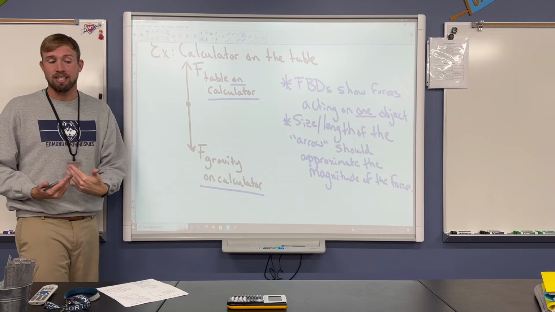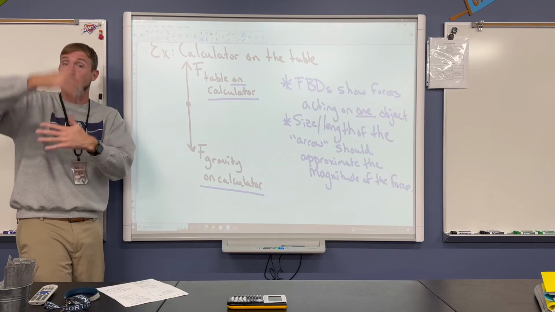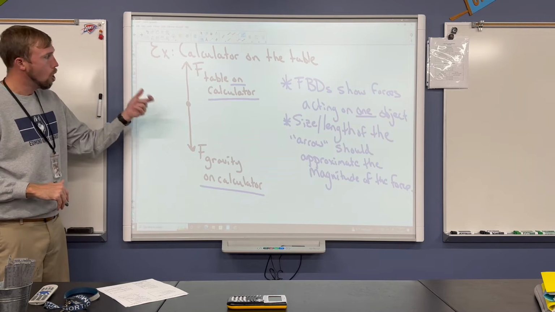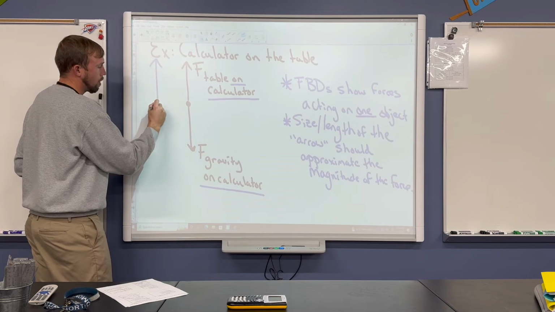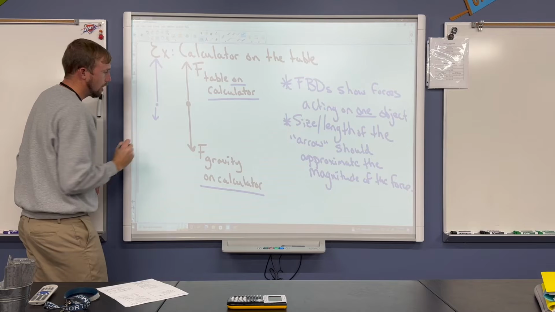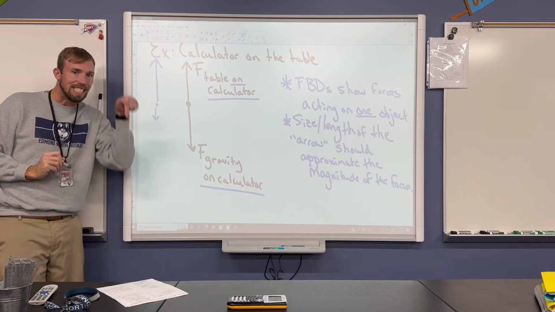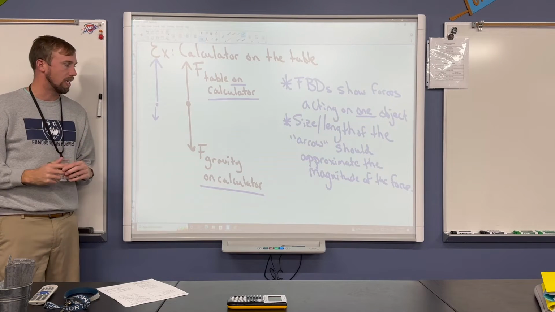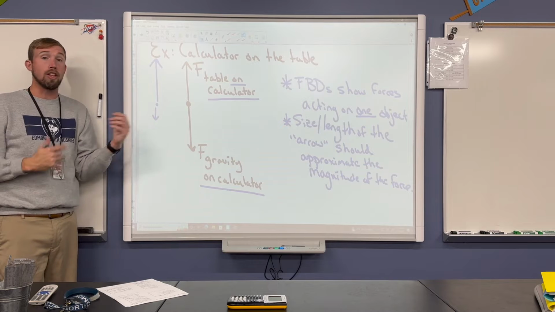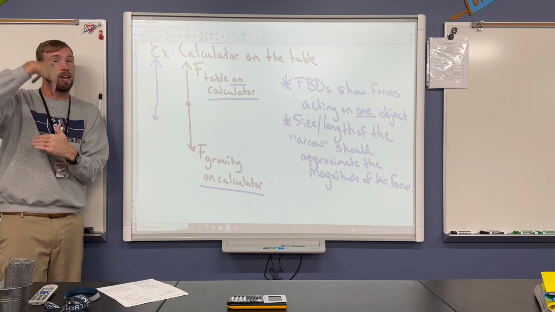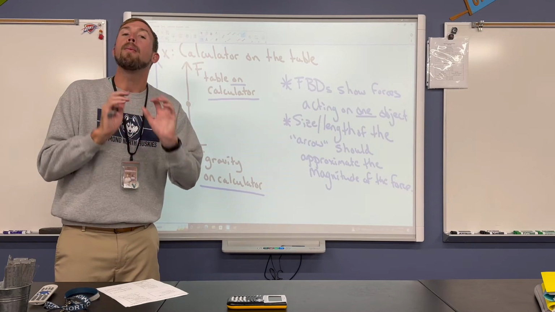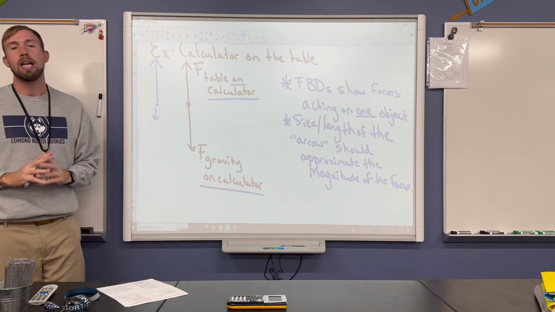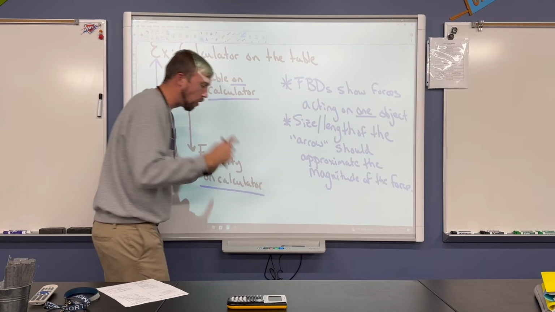If they were not balanced, then there would be an acceleration either upward or downward. So what I shouldn't see is something like this. The force of the table is huge up this way, and the force of gravity is very small and going down on the calculator, or pulling down on the calculator. This would seem to imply that there's more force going upward than there is downward. Again, the lengths don't need to be perfect, but we do want to approximate the magnitude there, right? Roughly show what's going on.